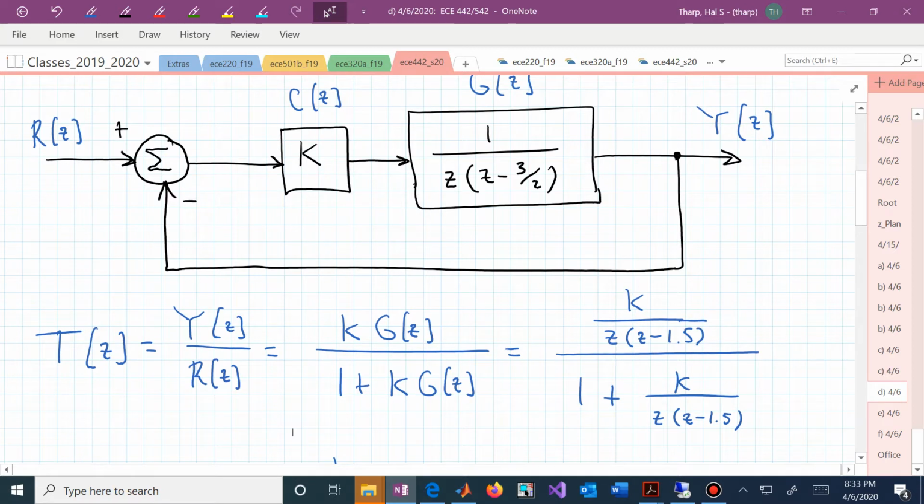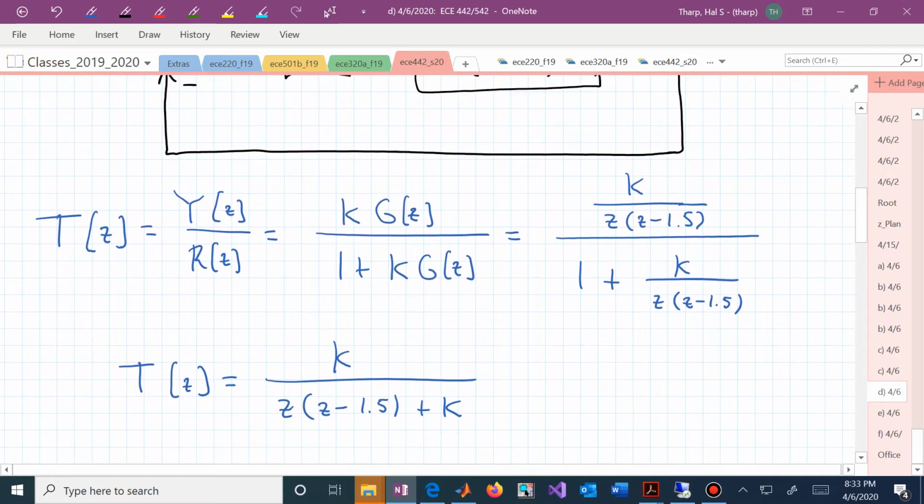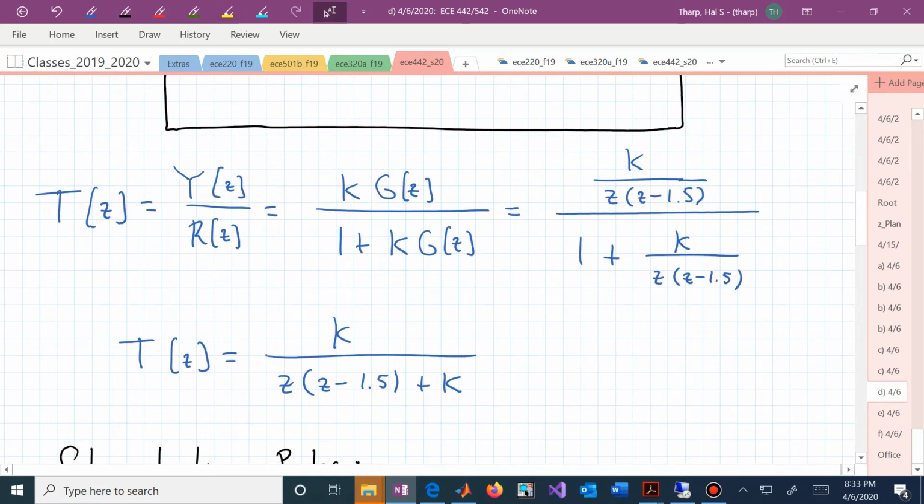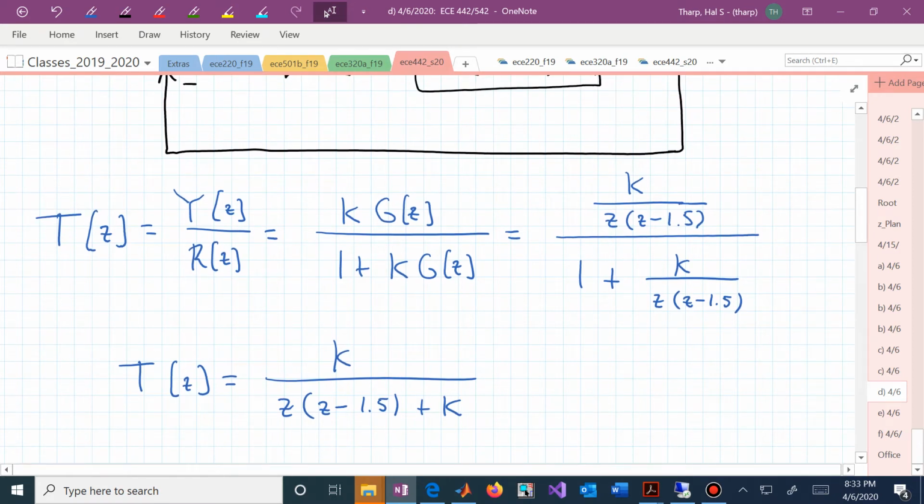In terms of the way this system is parameterized, we now have the parameter k, and our system is 1 over z times z minus 1.5. We can obtain a common denominator and cancel it with that common denominator to end up with the following closed loop transfer function with a parameterized denominator, where the denominator is parameterized by the gain k, where k is now taking on values from 0 to infinity.